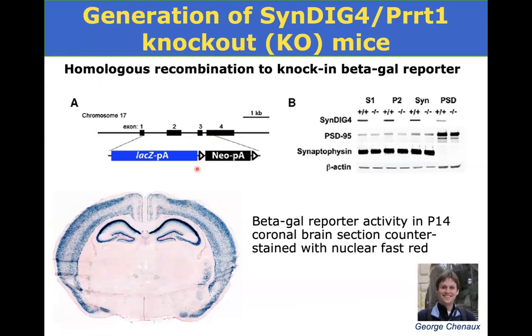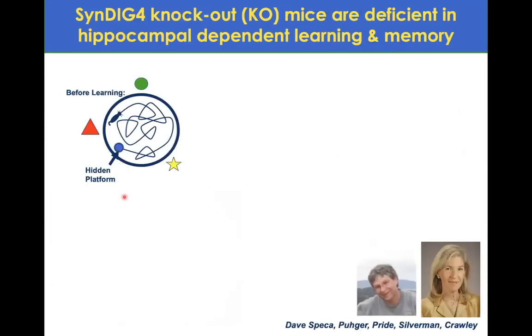This is a schematic of how you make this genetic knockout. In this case, we've removed the locus for SynDIG4 and replaced it with a LacZ, and this allows us to see expression of the gene promoter, which is highlighted in blue here. Then we looked at function.